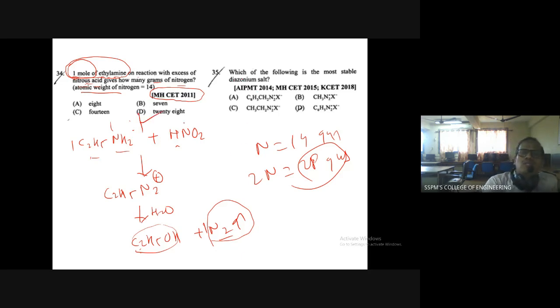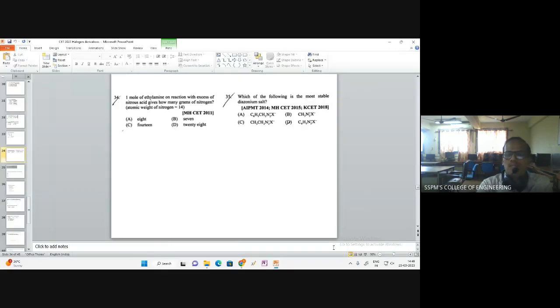The next question: which of the following is the most stable diazonium salt? The diazonium salt is the salt we get when we add nitrous acid to aniline, an aromatic amine. Let me remove this. I need to write the reaction again.